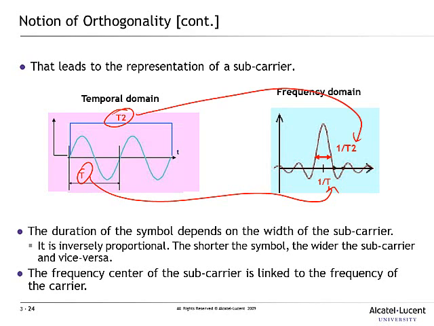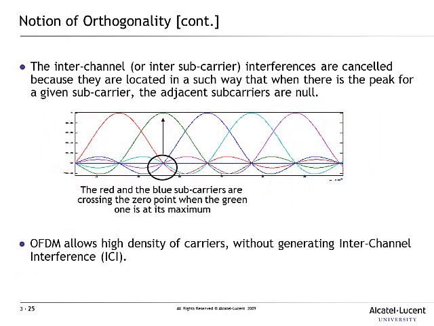Now, how can we use this idea? This is basically what happens in OFDMA. If we pack these subcarriers in such a way, you can see that each one of these could be a sinc function.